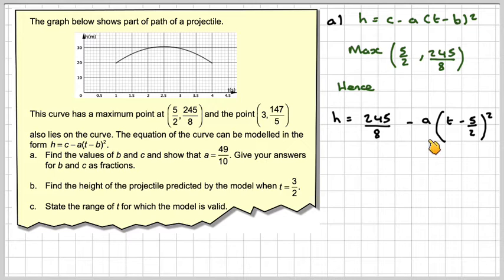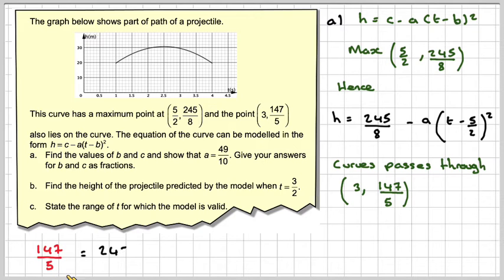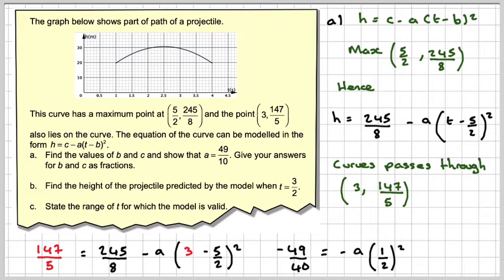Right, in order to find the value of a, we need to use this coordinate here. So the curve passes through (4, 147/5). So we can say 147/5 is equal to 245/8 minus a times (3 − 5/2)², which means that −49/40 is equal to −a times (1/2)².